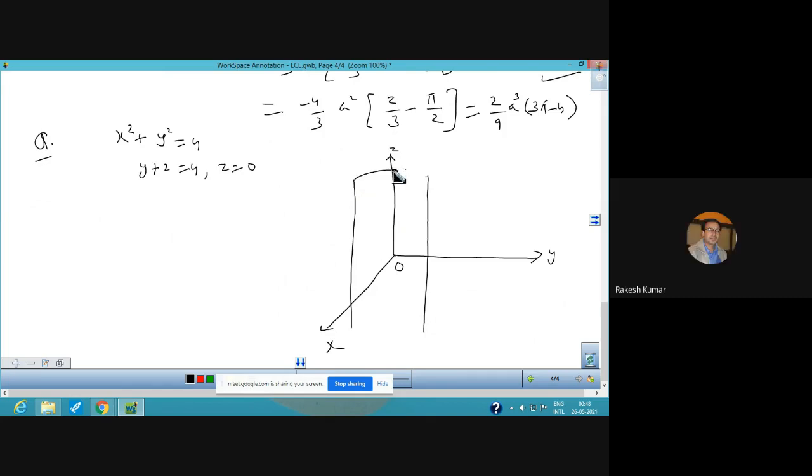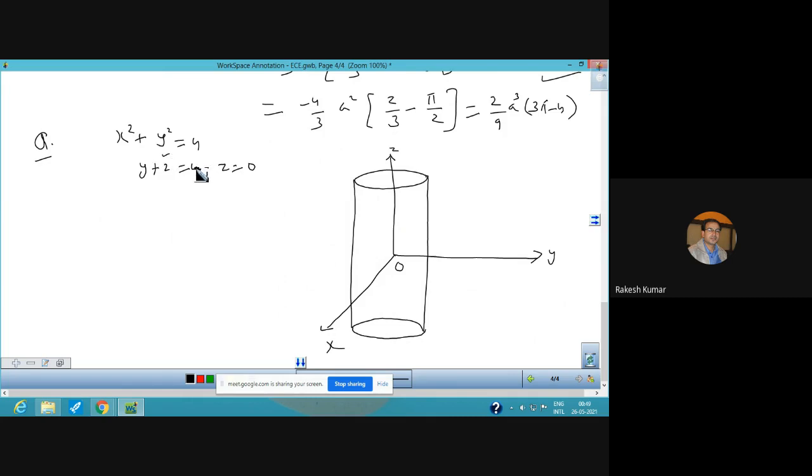So this is the circular top of the cylinder. This is the circular base of the cylinder. And the cylinder and plane are cutting each other. Remember, cylinder and the plane are cutting each other. This is the plane, y plus z is equal to 4.